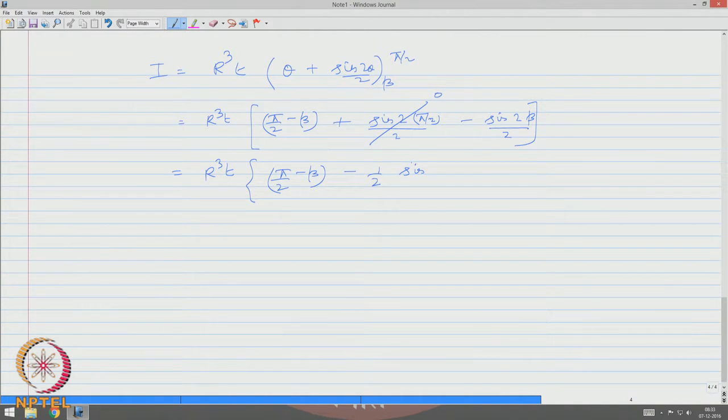sin of 2 beta, which can be expressed in terms of alpha, as beta is pi by 2 minus alpha.